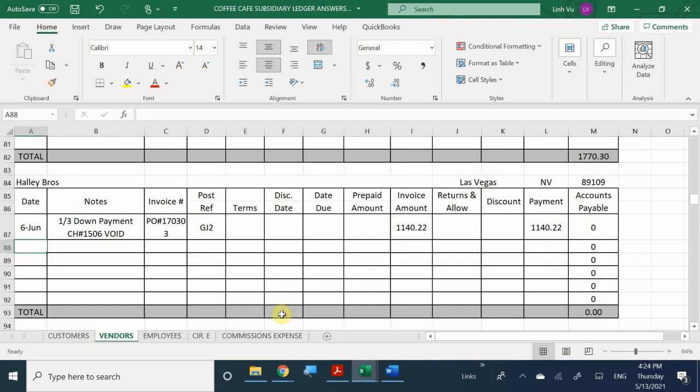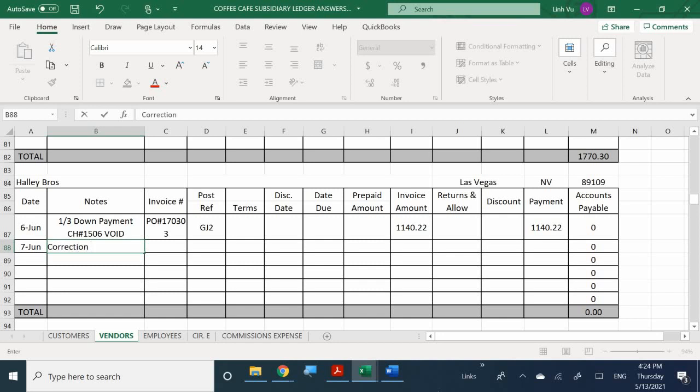So if you do make any changes to this transaction right here, essentially you are deleting it, if you're going to remove this, remove that, remove the amounts. So once again, how I want you to do it is to just enter the transaction exactly like this. I want you to say that this was a correction.